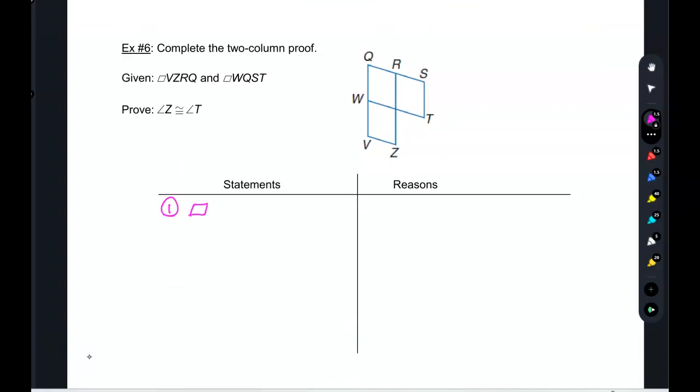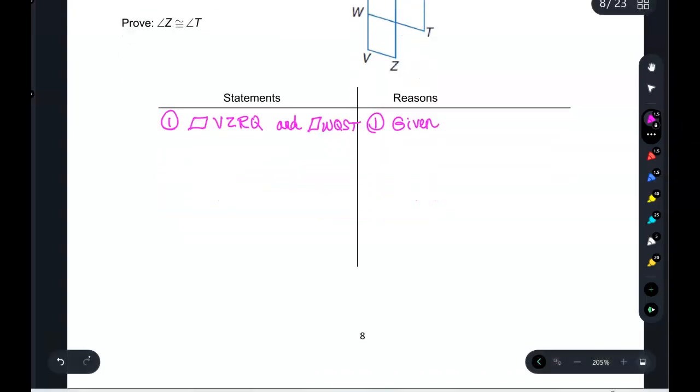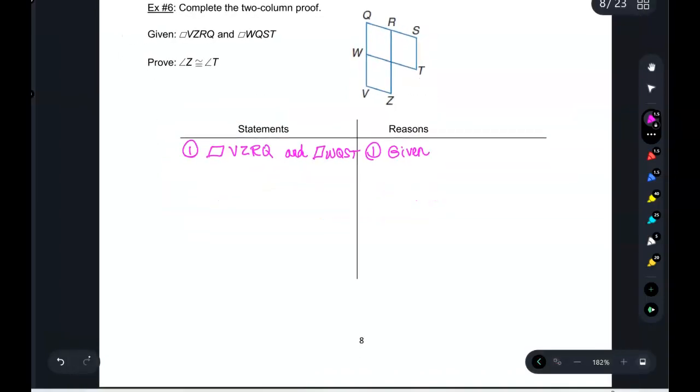Okay, we have two parallelograms in this one. VZRQ and WQST. So maybe I'll kind of trace over it so we can see.